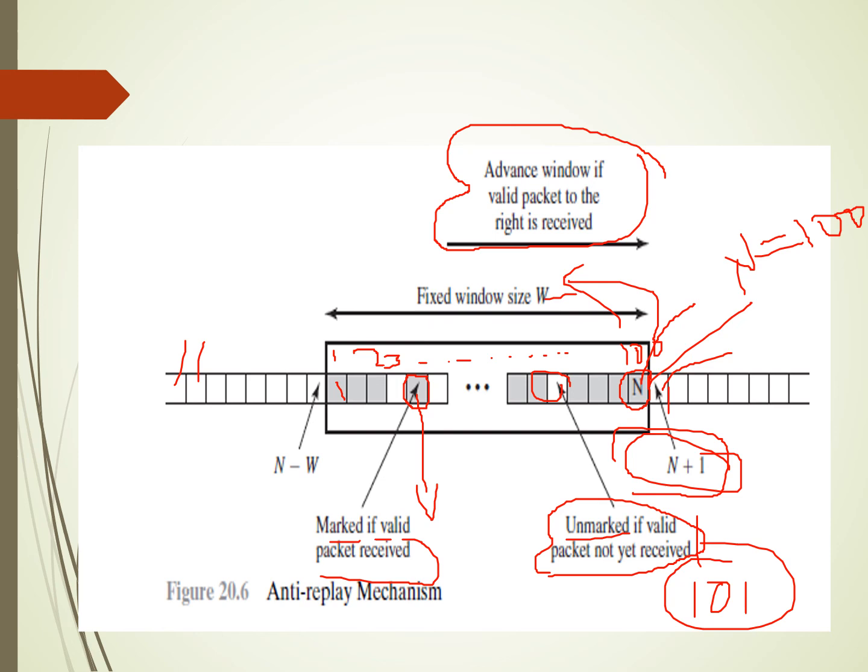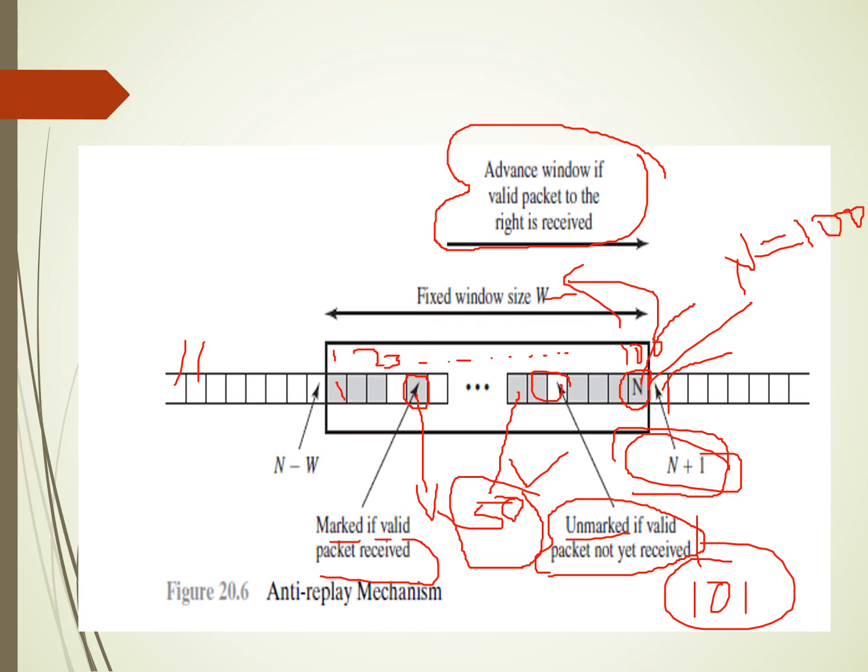Say, for example, data packet number 50 has already been received, and it is marked. The second time, when the same data packet 50 comes, the receiver needs to understand that this data packet 50 is not coming from the legitimate sender.